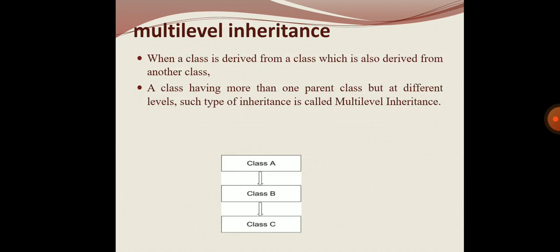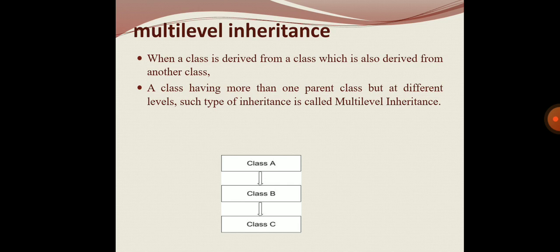Next, multi-level inheritance. When a class is derived from a class which is also derived from another class, that is called multi-level inheritance. Or we can say it is a class having more than one parent class, but at different levels.